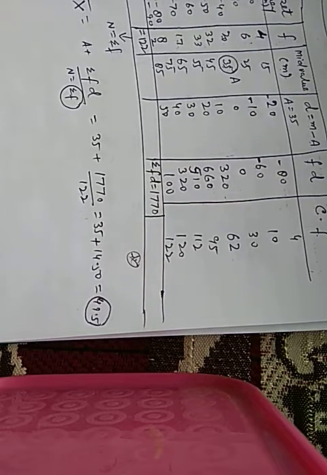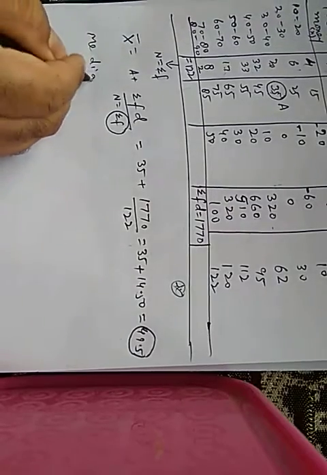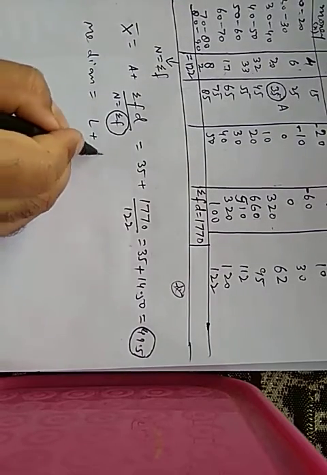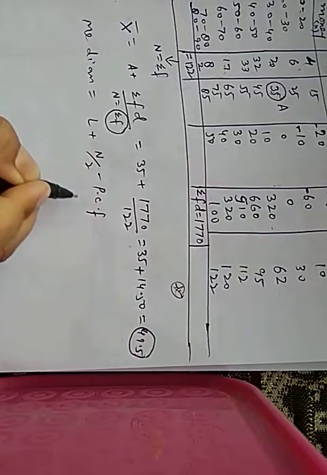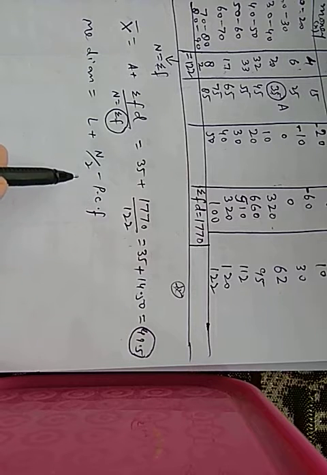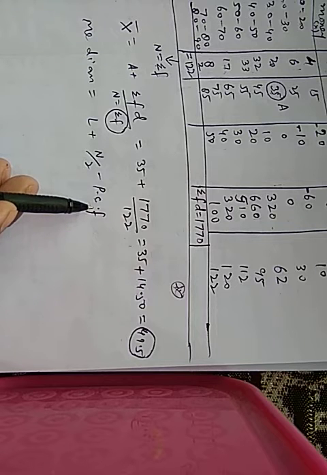Now we have to calculate the value of median from this data. Median is equal to lower limit plus n divided by 2 minus PCF, preceding cumulative frequency, or median class, divided by F, the frequency of median class. As I have already told in one of my previous lectures, you will find CF in books, but you have to remember it is preceding cumulative frequency.